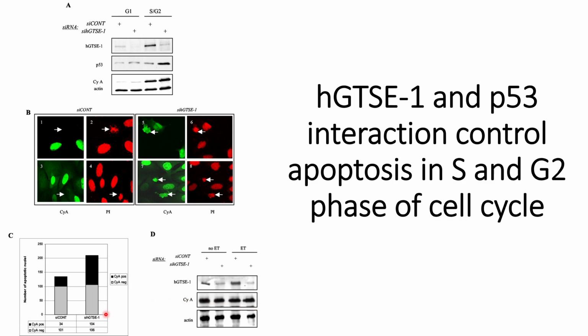So this indicates that hGTSE does not interfere with cyclin A production within the cells. Combining all of these experiments, they concluded that this hGTSE and p53 interaction controls apoptosis mainly in the S and G2 phase of the cell cycle.